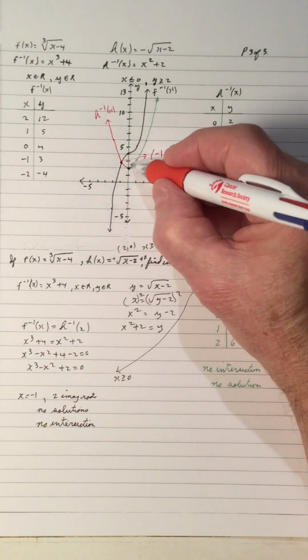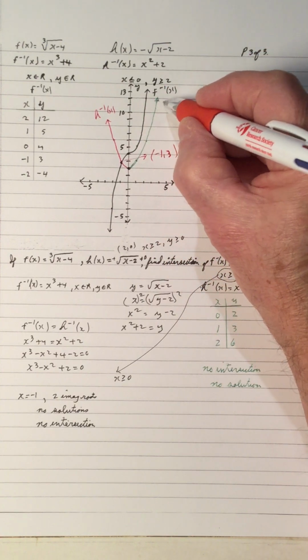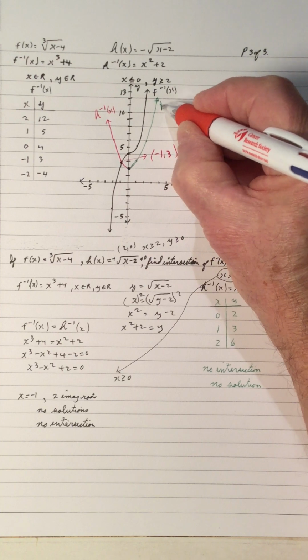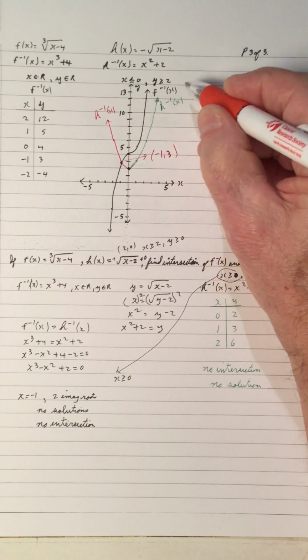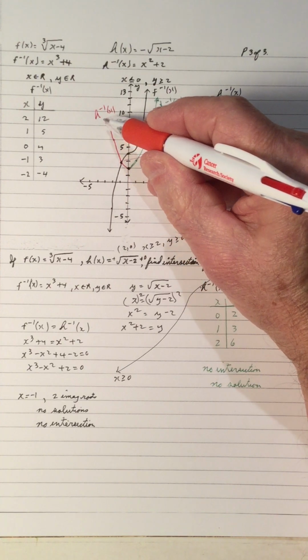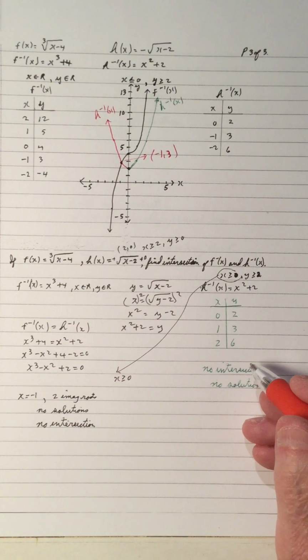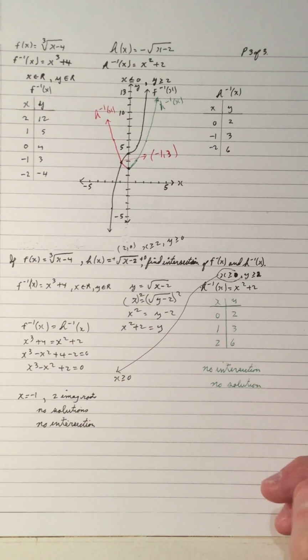So there's this cubic graph and this inverse. This is h to the negative 1, the green one. This is the other one that I did in red going to the left. This is the one where the x's are going to the right. So there's no intersection.